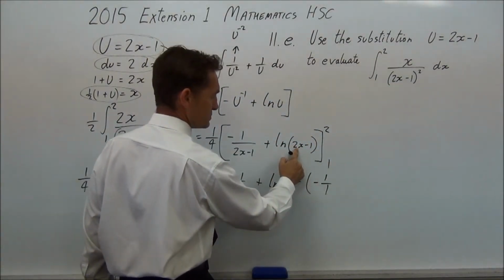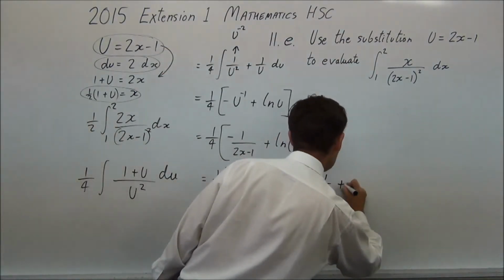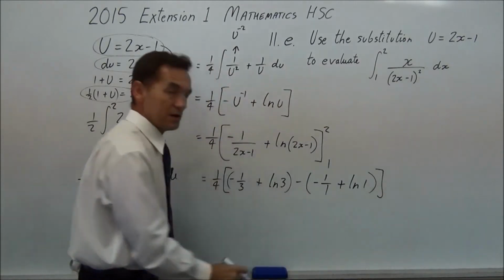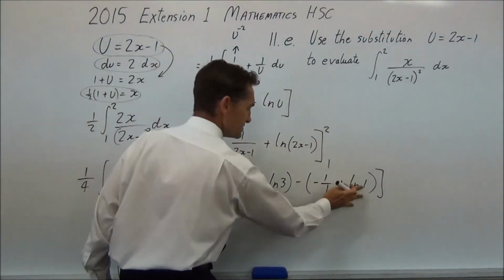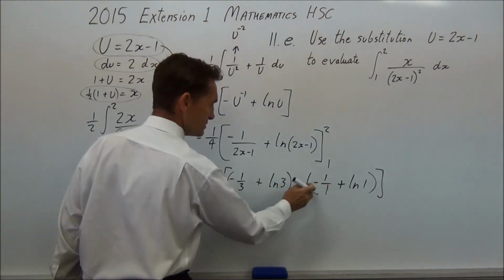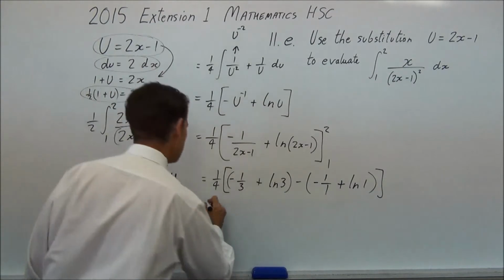Put in 2, put in 1. 2 times 1, take away 1 is just log 1. Hopefully by now you know what log 1 is. Log 1 is 0, so that's gone. So then we've got minus 1/3 plus 1. So minus 1/3 plus 1 is 2/3.